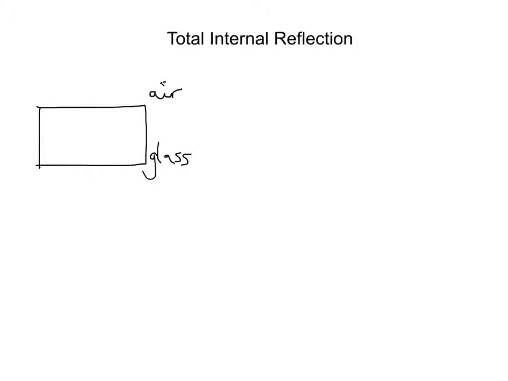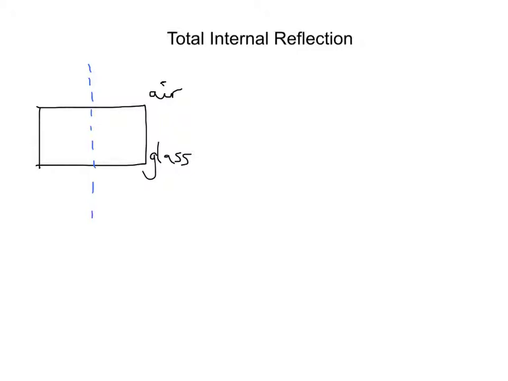So we're going to imagine that we're refracting light from a dense material, the glass, into a less dense material like the air. So in this instance we're going to bend that light away from what we call our normal. Now the normal is given as this straight line that's perpendicular to the material, so at 90 degrees if you like, to the surface of the glass.